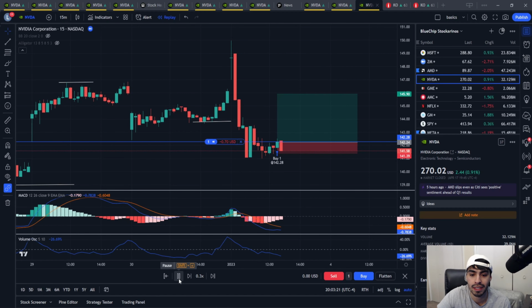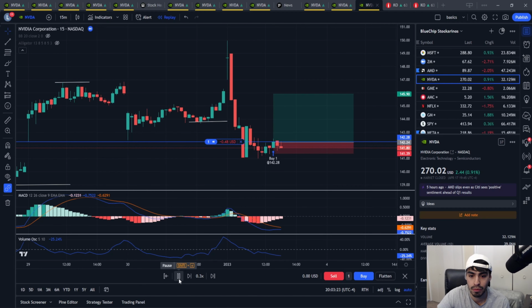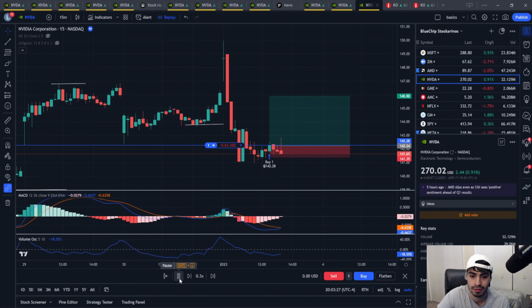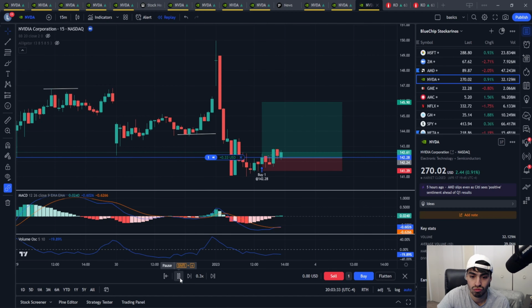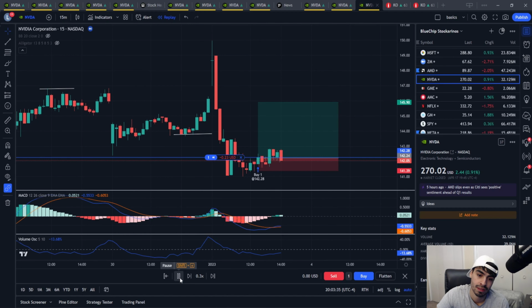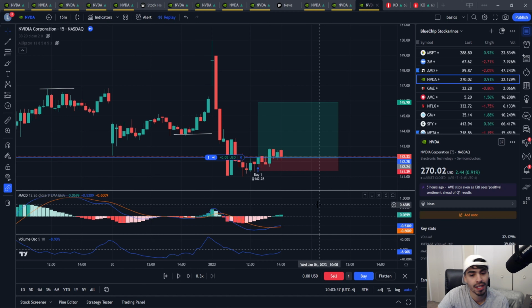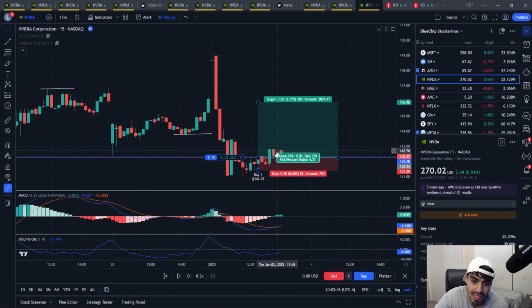That's going right. Okay, yeah. Okay, so let's say that I actually did put in this trade. I see this, and I see a mini resistance right here.